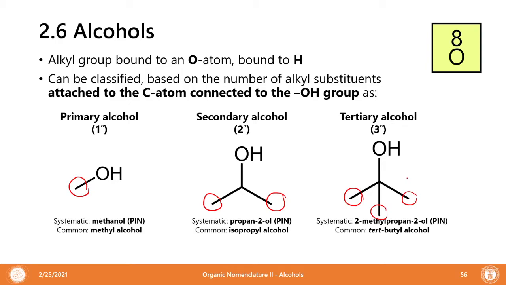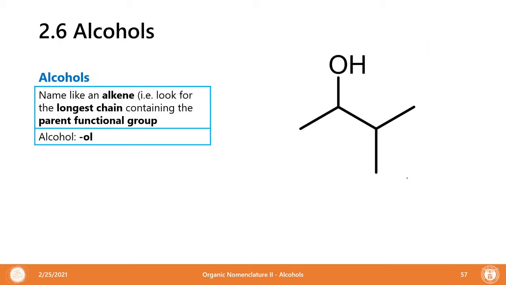So let's learn how to name them. Alcohols use the suffix "ol", where they are the priority functional group. In this case, we have an alcohol functional group which belongs to a 4-carbon parent chain, butanol.